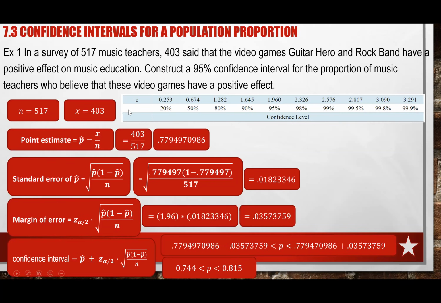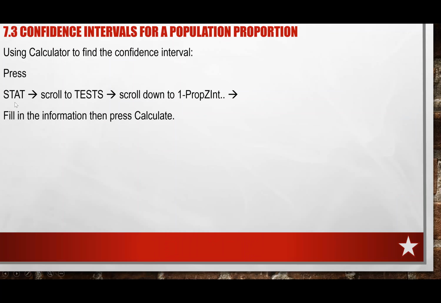Everything is the same, right? You hit stat, you scroll down to test, and then you use the one prop Z interval, one proportional Z interval. And like I keep mentioning to you guys, the hardest part of this class is not the calculation, because the calculator does the calculation for you. The hardest part is how to tell your calculator to do it.